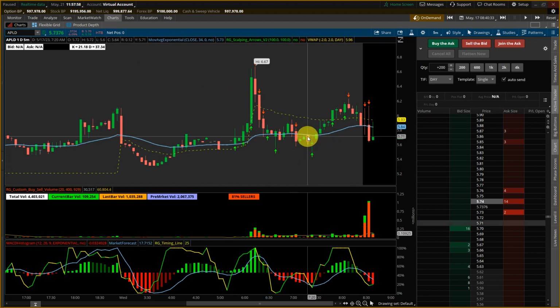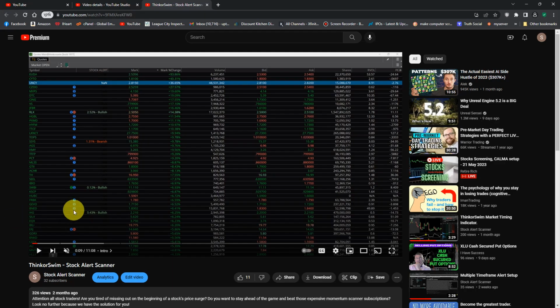So in the past, I put out the stock alert scanner, and this was the stock alert scanner right here, and we were adding it to the watch list. I found myself searching too much data for the current candle.